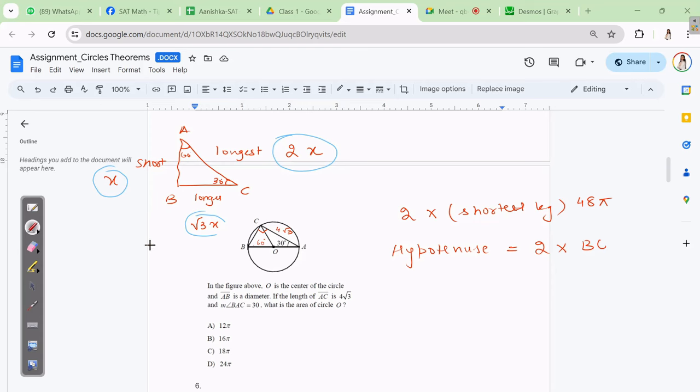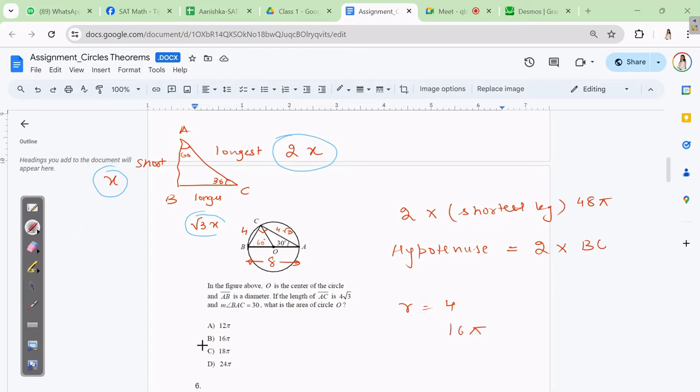Yes, exactly. So that will be 4, and now the hypotenuse will be twice 4, so 8. Yes, so this is 8. Then that's the diameter. So the radius is 4, and 4 squared is 16, so 16 pi.